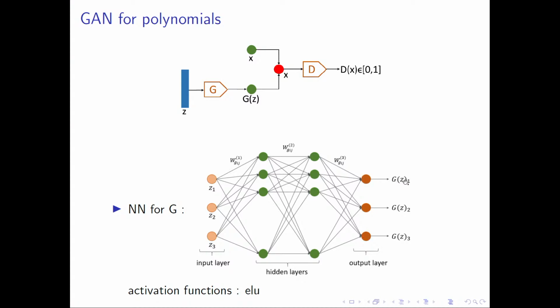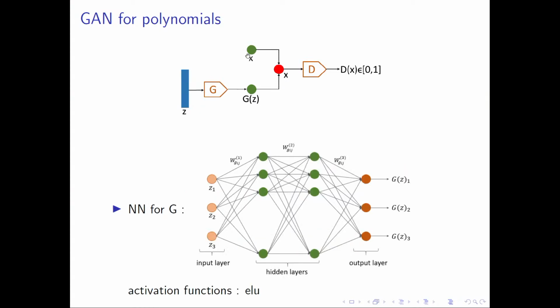This is g of z1, g of z2, g of z3, the coefficients of our polynomial. For example, g of z1 x squared plus g of z2 x plus g of z3 is the polynomial that G generates. In all layers, we use ReLU as an activation function. So we have numbers in here between -1 and 1.